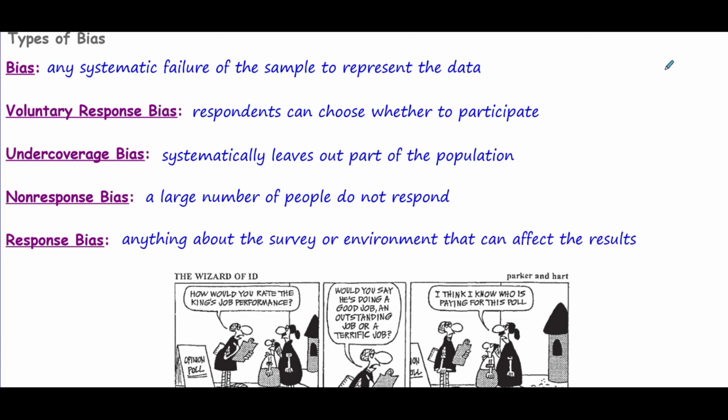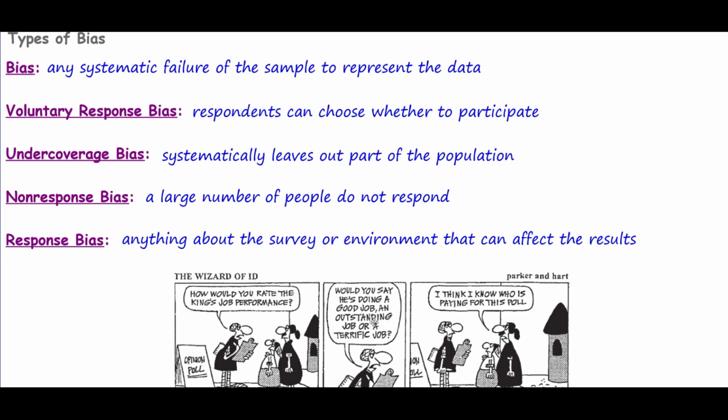And finally, we have response bias, which is anything about the survey or the environment that can affect the results. So this cartoon here kind of gives you a little indication of response bias. In this particular situation, someone from the King's employees is asking about rating the King's job performance.